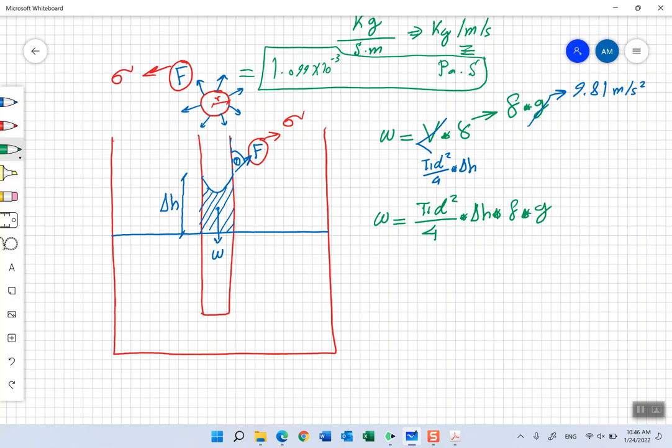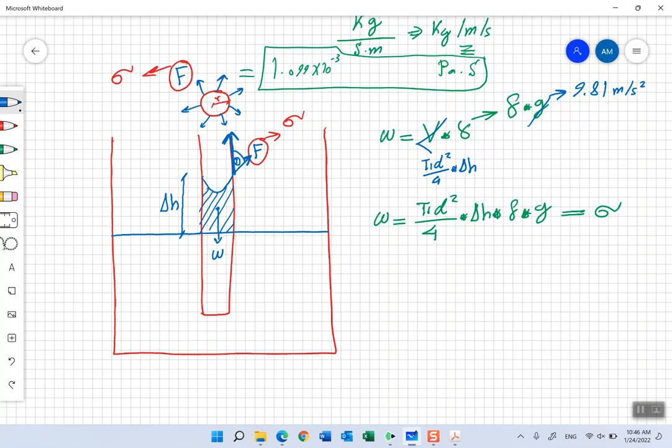So this is the weight, and we know from the force equilibrium that this weight should equal sigma. But actually, it's not only sigma, it's sigma cosine theta. And how is that? This is sigma, or F. But what is pulling this column of water up is this component.